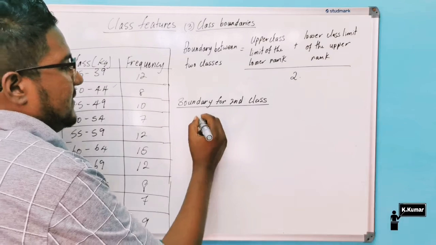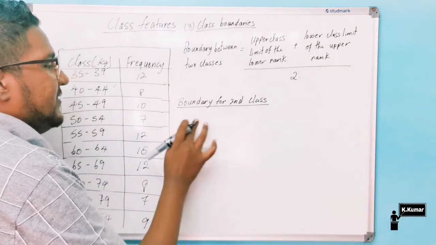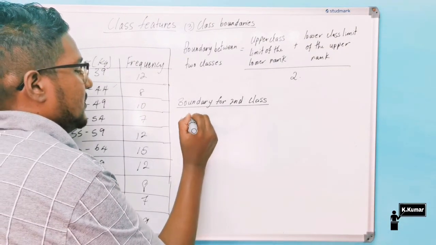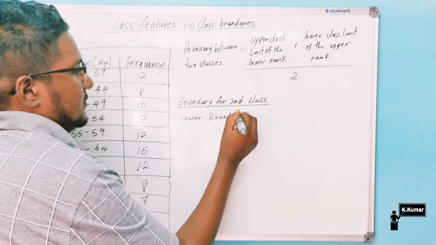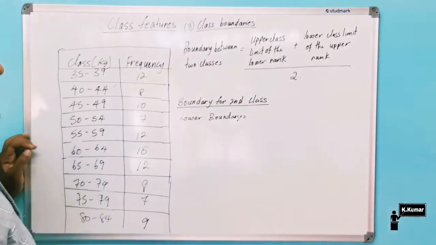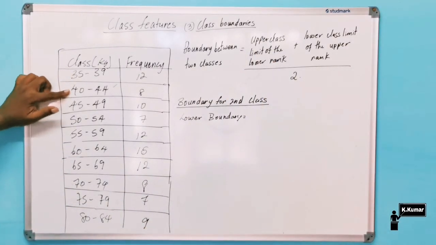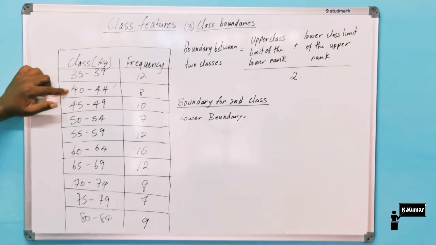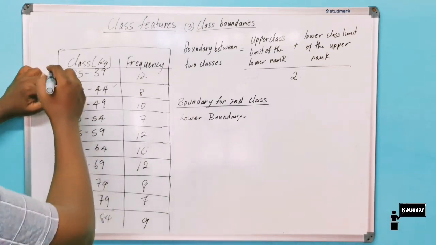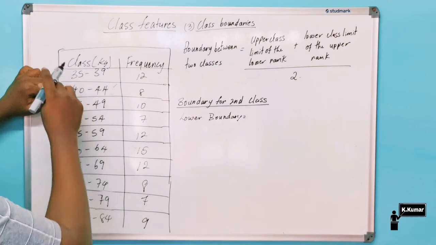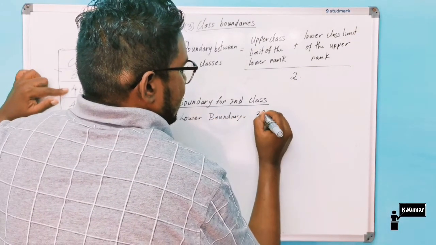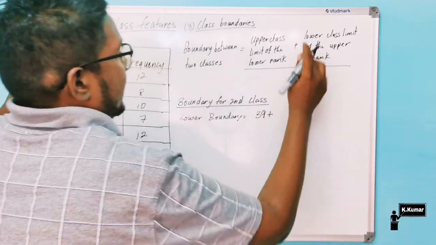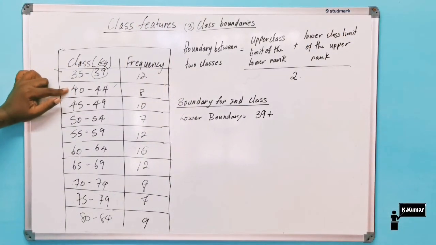So the formula states, we're going to find the lower boundary first, right? It's the upper limit of the lower rank class. If we're working with this class, then our lower rank class becomes this one here. So the upper limit of our lower rank is 39. So this is going to be 39 plus the lower class limit of the upper rank class.